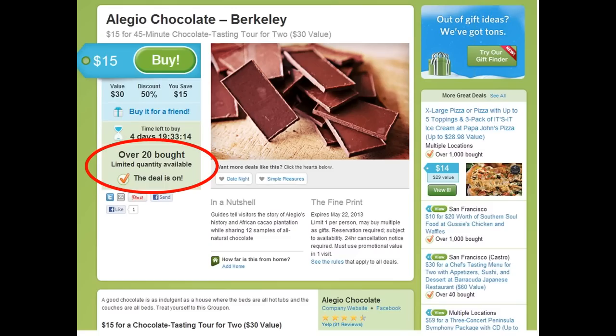For example, if we have this $30 chocolate trip where you can take a tour and get your individual chocolates, it would normally cost $30, but the consumer is offered to purchase this trip for $15. And then Groupon and the retailer would split those $15 50-50, so each one would get about $7.50. So Groupon's making a nice profit on this.